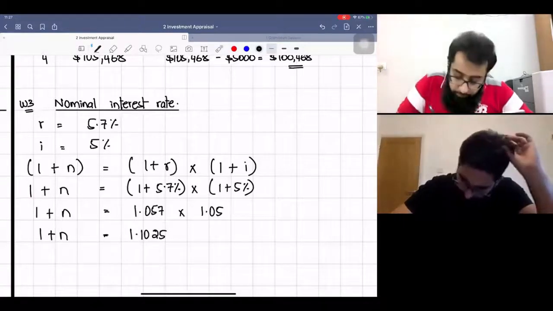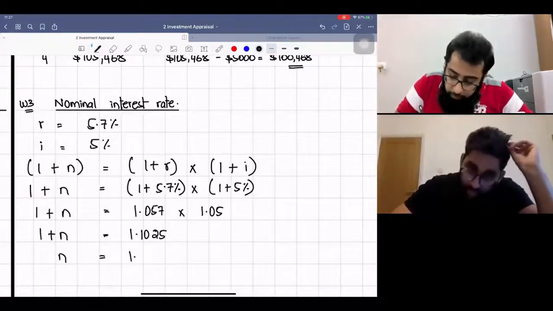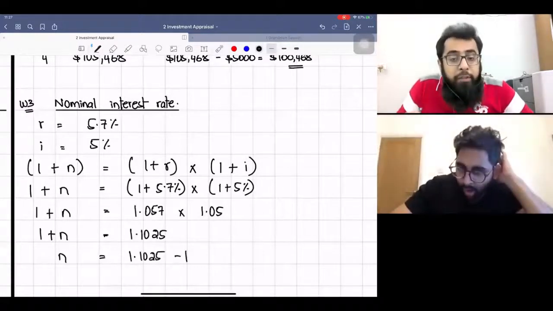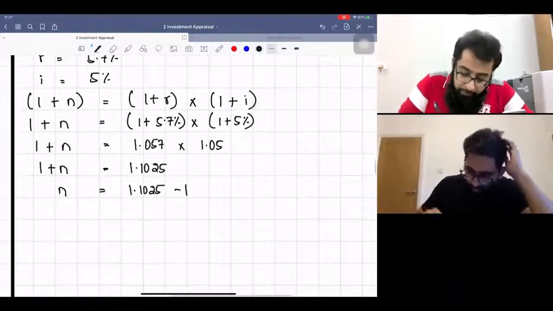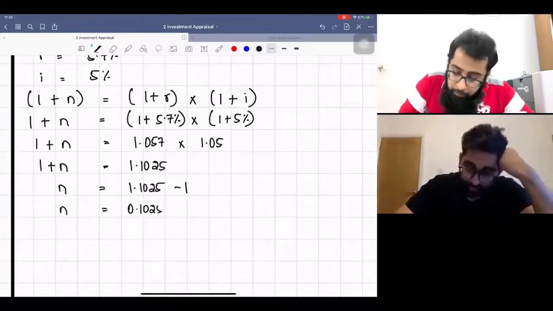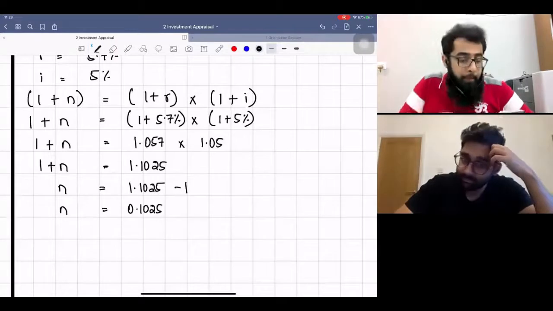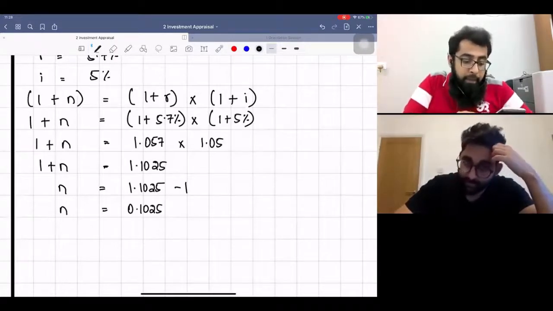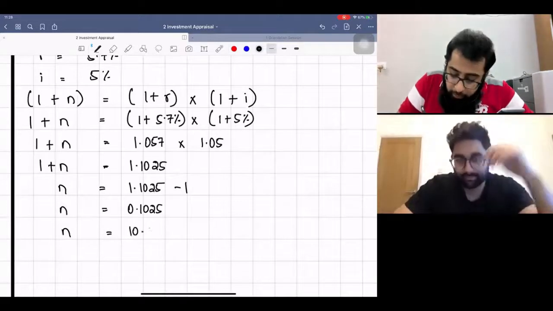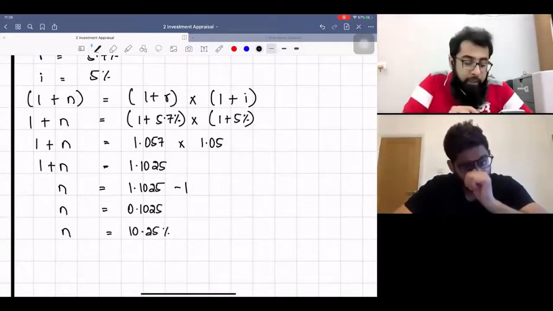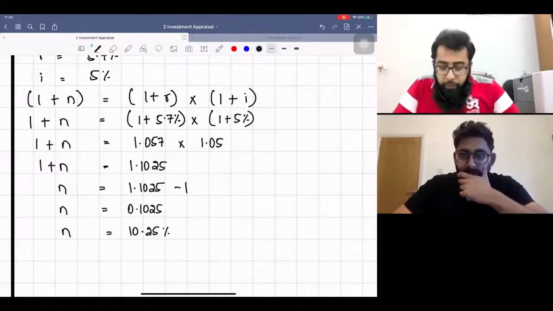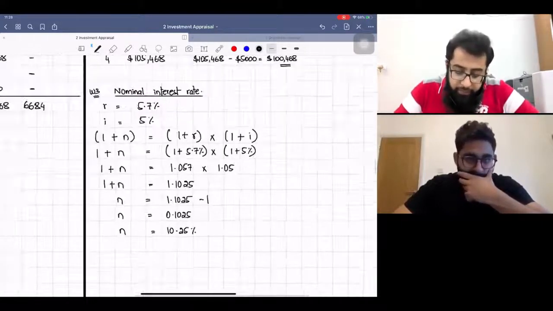Now n will be 1.1025 minus 1, so n will be 0.1025. Basically I calculated it wrong. I can call it 10.25% if I multiply it by 100. So 10.25% is the discount rate.